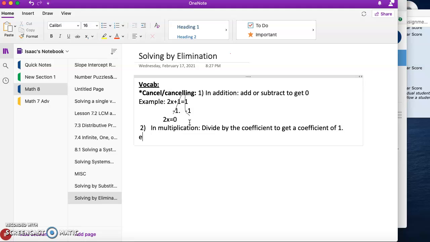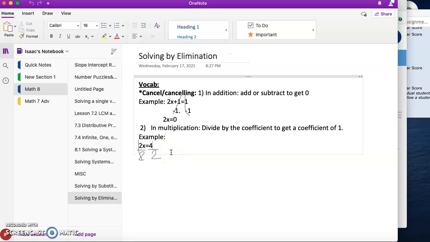So our example of that one, if we said 2x equals 4, and then we were to divide both sides by 2, then we'd say, oh, those 2's right there cancel, meaning they just eliminate the 2.